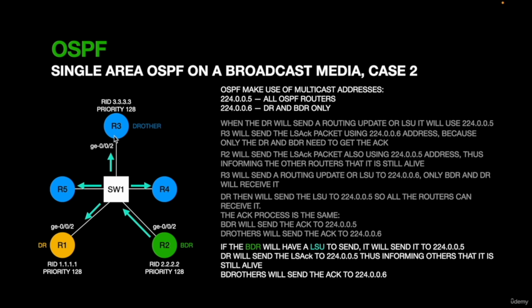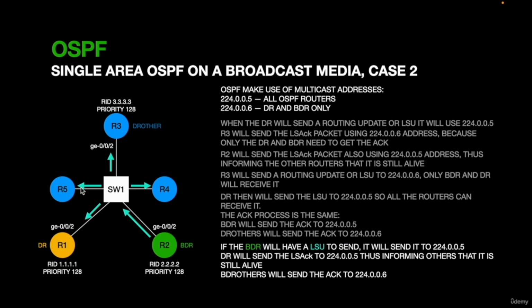Okay, so imagine that this router here will send a link state update. It will be sent to all of the devices, and after that all of the devices will send another LSU, and after each device receives the LSU, it will have to send an LS acknowledgement, and very soon this whole network will be full of OSPF update messages.